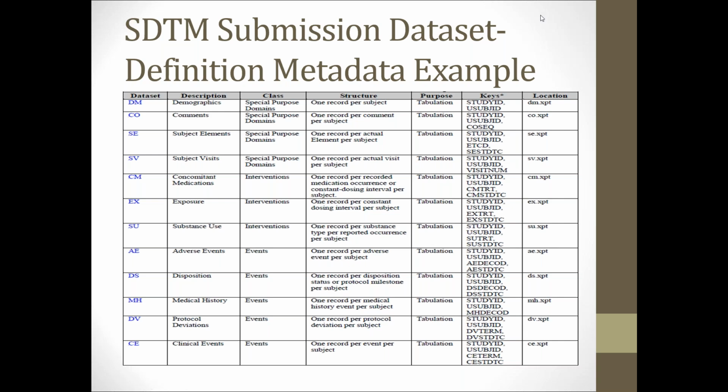That is as per your protocol, complete information. But SE will show only actual elements. Suppose I have 10 elements as per protocol, but the subject has gone through only 3 elements. In this case, the subject will have 3 records. If subject number 2 has gone through all the elements, it will have all 10 records. You got the point, yes or no?